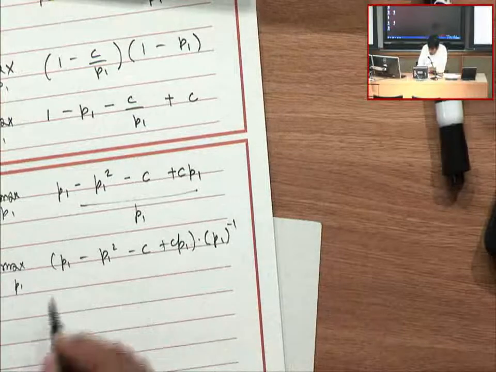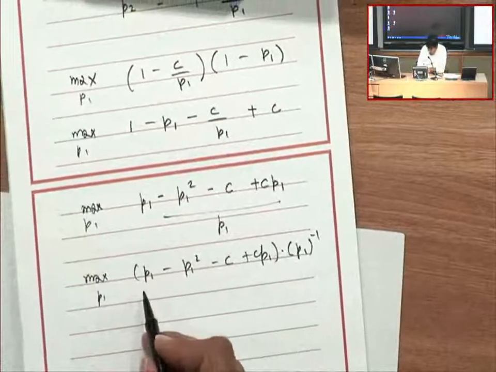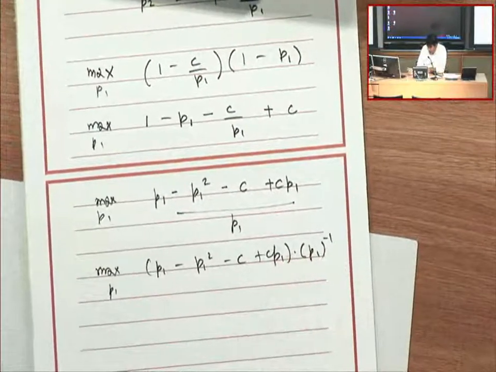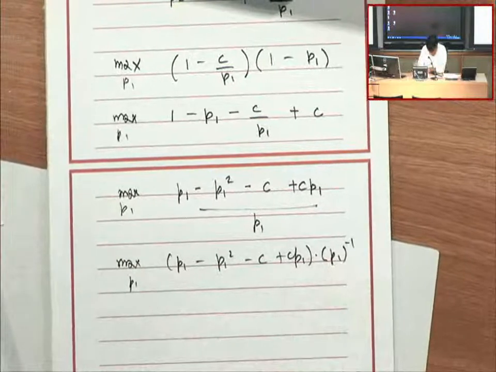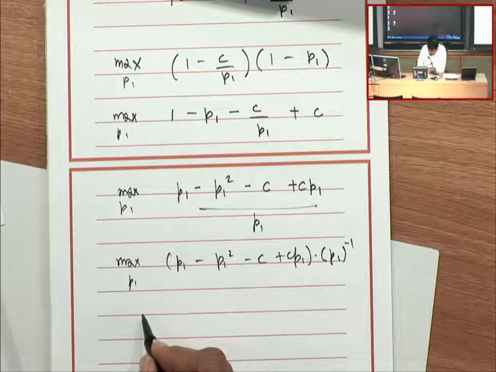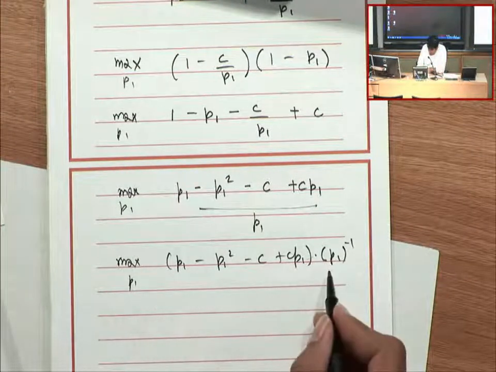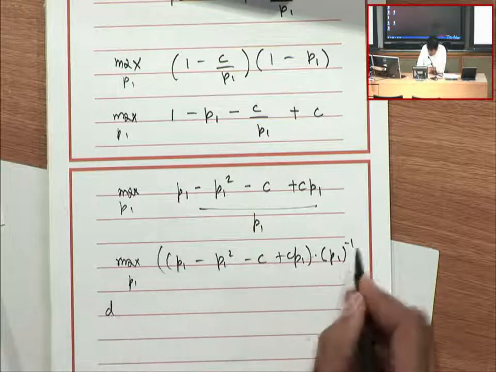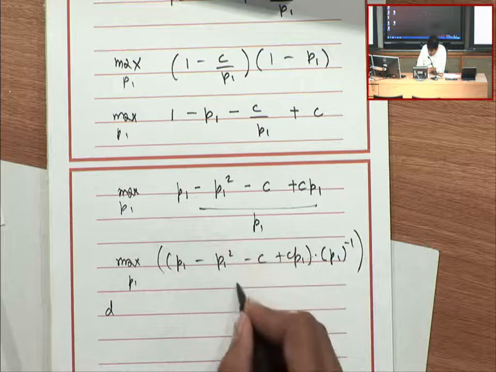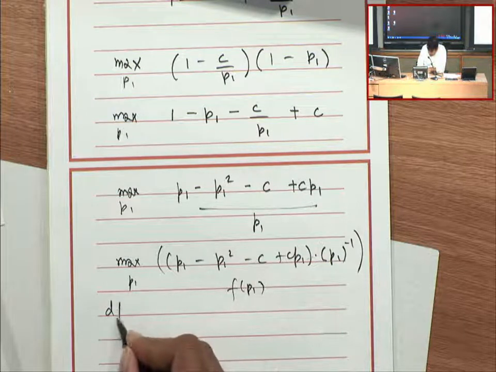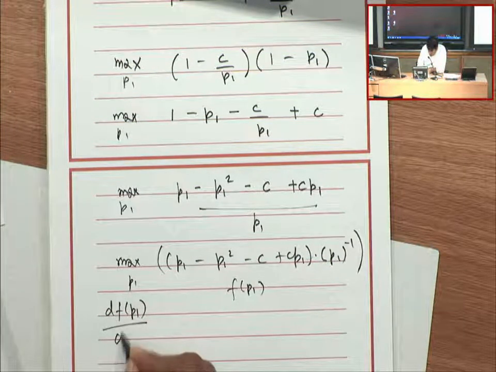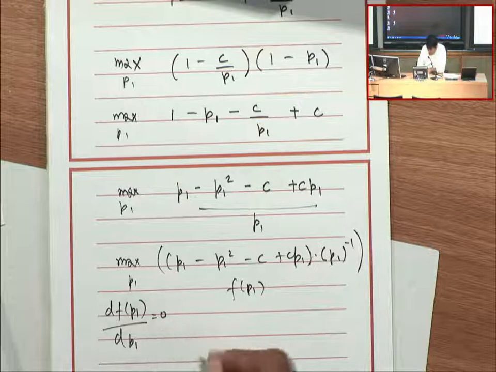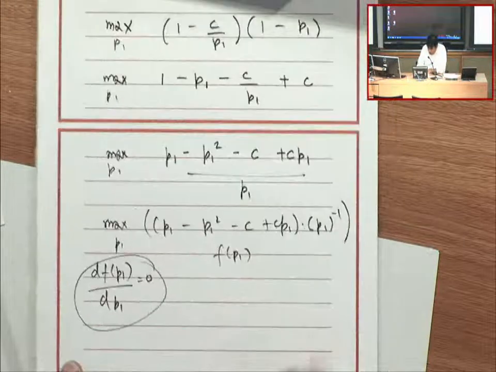So we want to work out the derivative of this. Let's keep the first part constant, take the derivative of the second, then keep the second part constant and take the derivative of the first. Let's call this some function of P1. The derivative of F of P1 over dP1, set equal to 0. This is the operation we're trying to do.